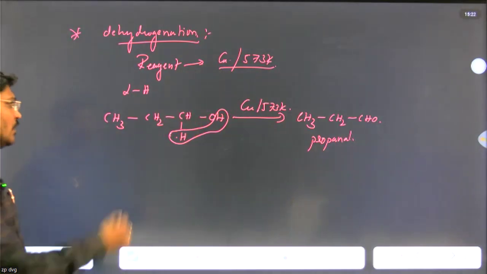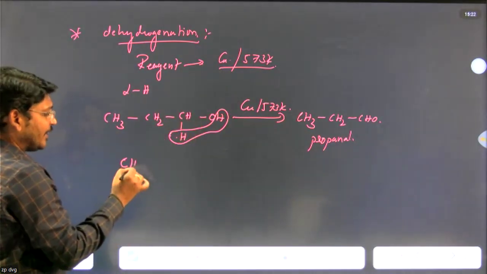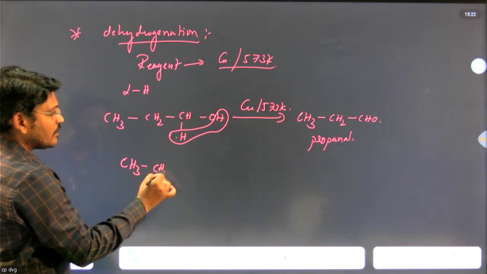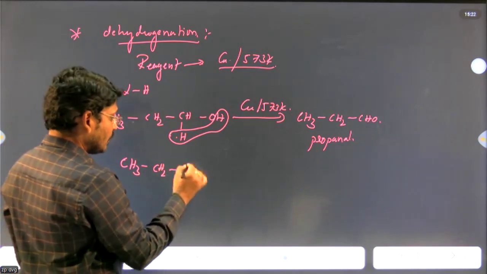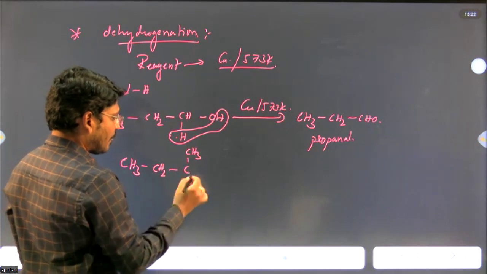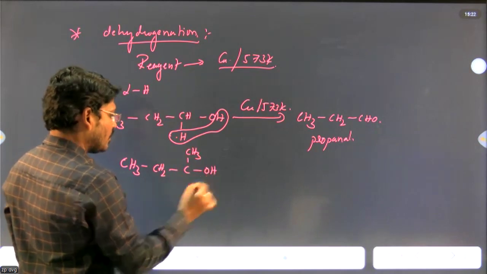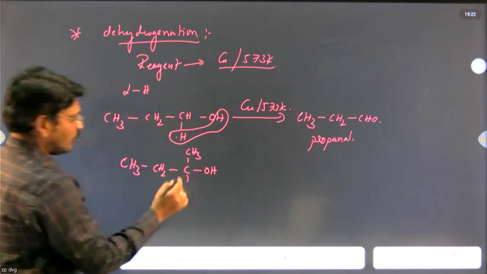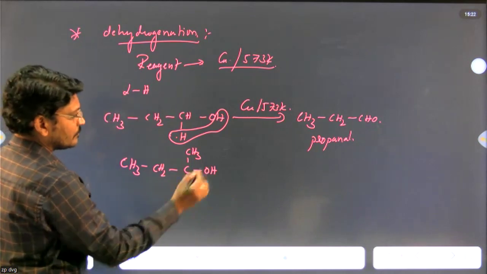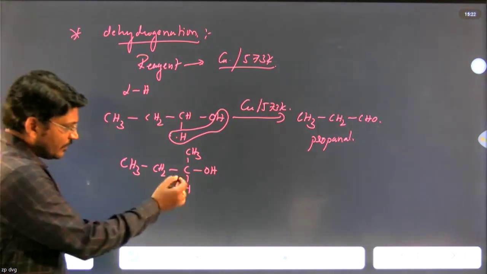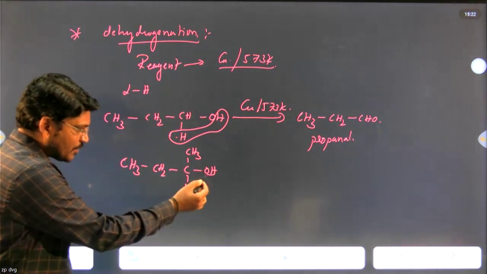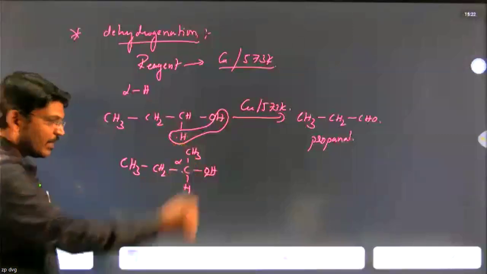In the same way, we can use a secondary alcohol also, CH3 CH2 CHOH CH3. Here it contains one CH3, one OH, and one H. If you observe now, this one acts as a secondary alcohol. The OH group is the functional group, and the next carbon atom is alpha.